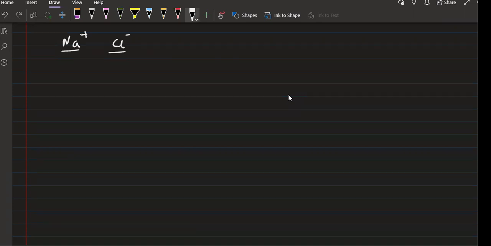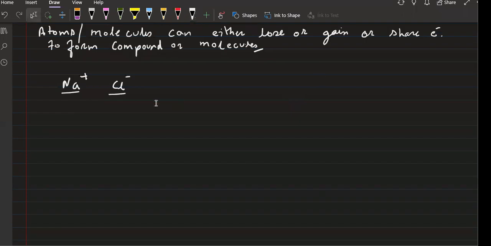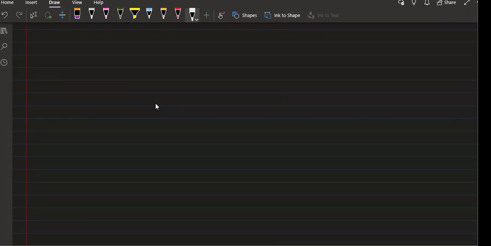I hope all of you understood what a bond is. Now we understood what a compound is, or at least the reason behind the formation of a compound, so that we can understand the basic concepts of acids and bases well.